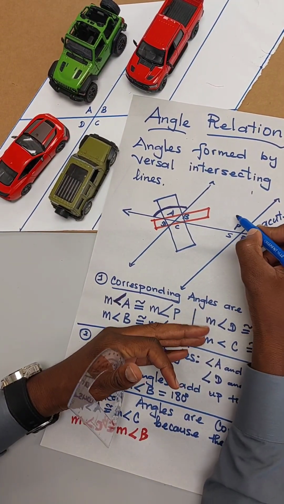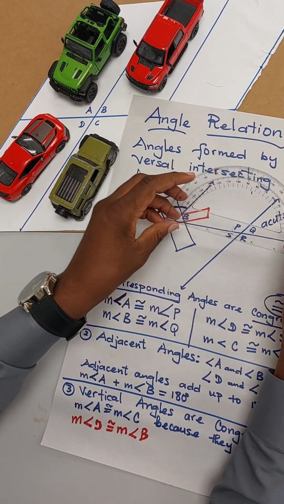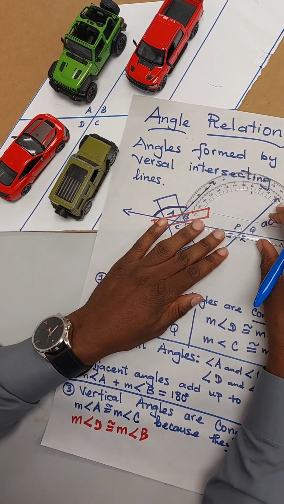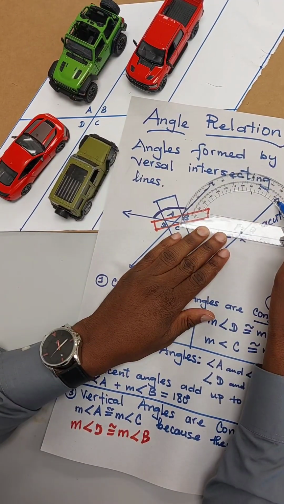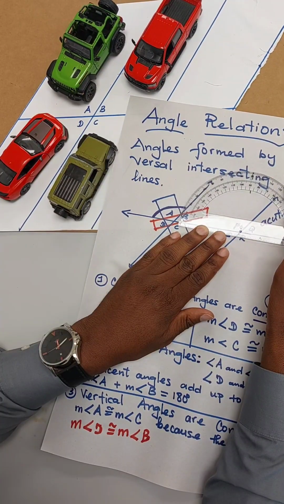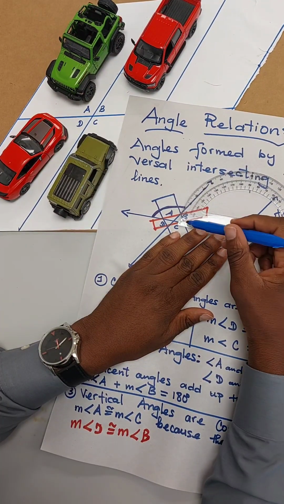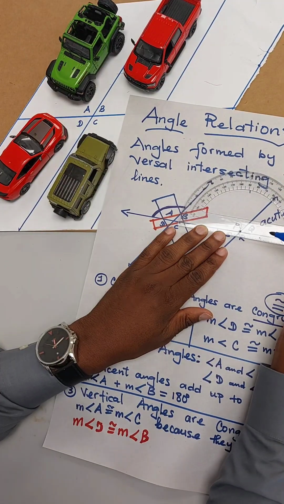P is an obtuse angle. Obtuse angles are bigger than 90 degrees. If we were to measure the angle P, we see that it starts from 0 and goes all the way to a little more than 120 degrees.